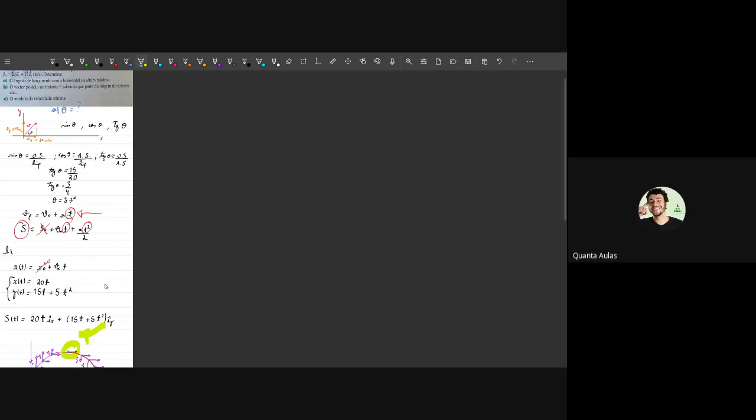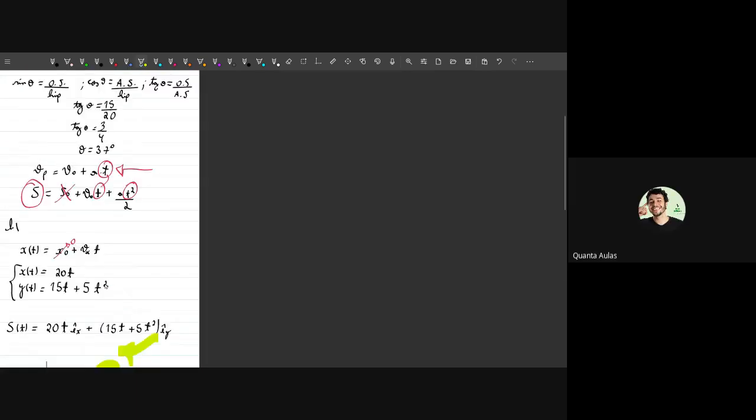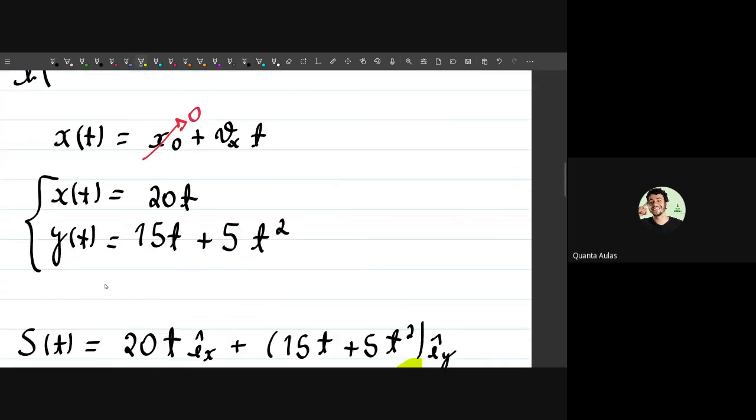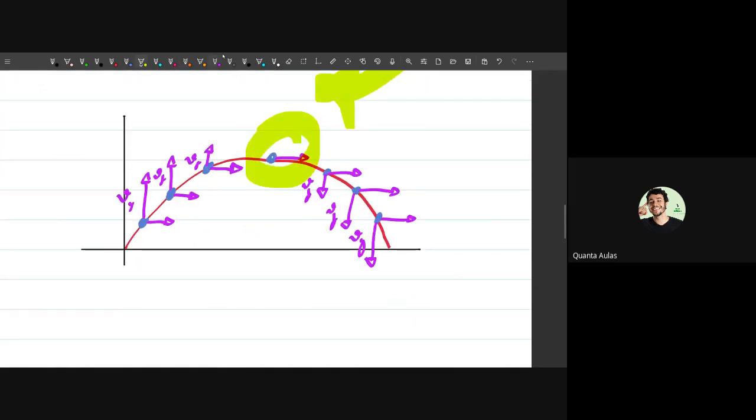Okay, in y it is 0, but we have a vector here. We have this velocity, this vector here, Vx, okay? All the velocities in the horizontal direction are Vx, right? All the same value because, again, we don't have acceleration in this direction.